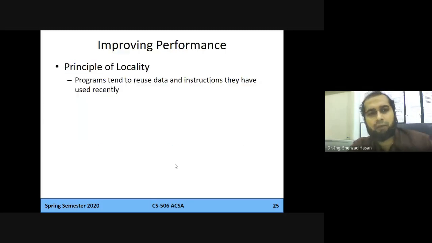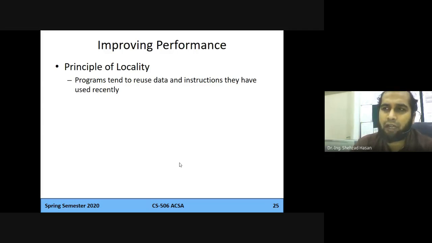Right. So I'll come to my last topic of this lecture. We can improve performance by different techniques. One of them is to go for the common case. When you talk about memory systems, you go for locality of reference, right?